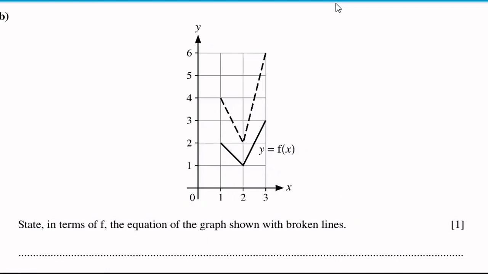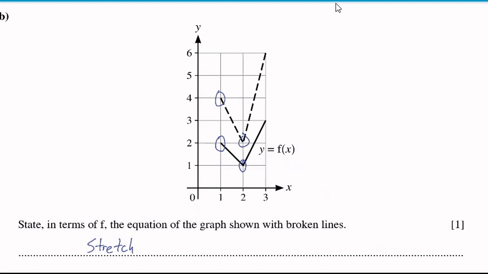I mean, we know that it's a stretch. So what is the scale factor of the stretch there? It is to look at the important points. This was 1, now it becomes 2. This was 2, now it becomes 4.